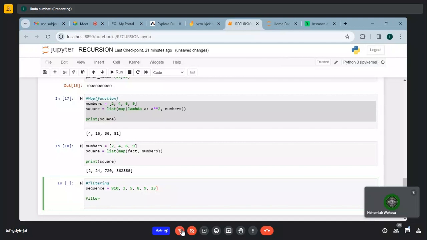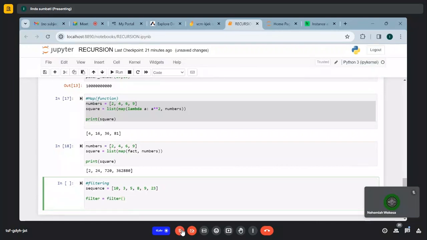Linda, yes? Yeah, you've just added a bracket at the end. I've fixed it. Okay, thank you. So we can now introduce the filter function.